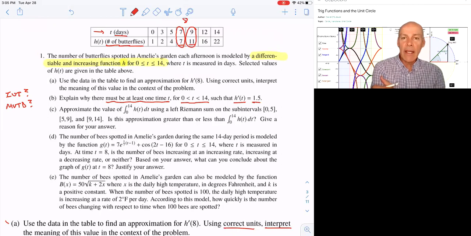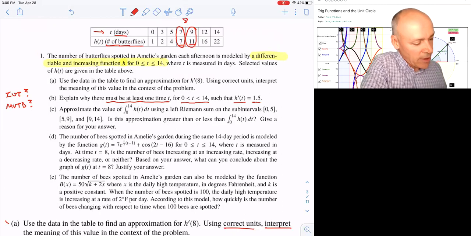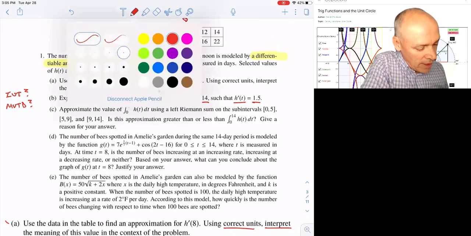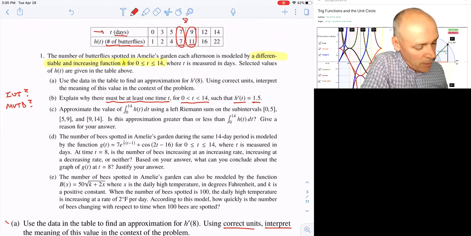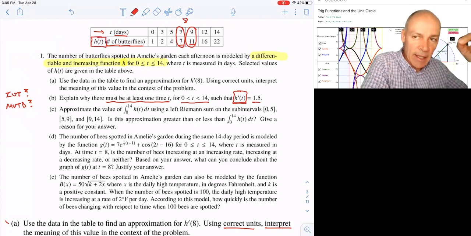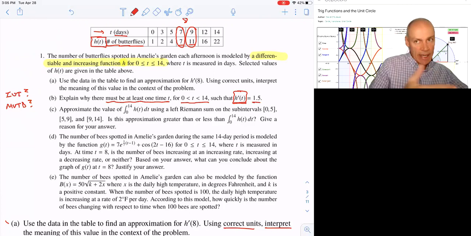Well, how can I differentiate between the two of them? One thing I might look at is that in part B they're talking about h prime. And the other information I'm given in my table is h of t. That should clue me in since they're not the same.